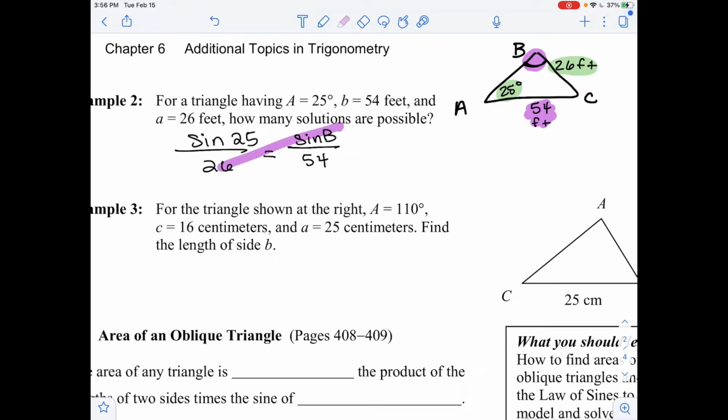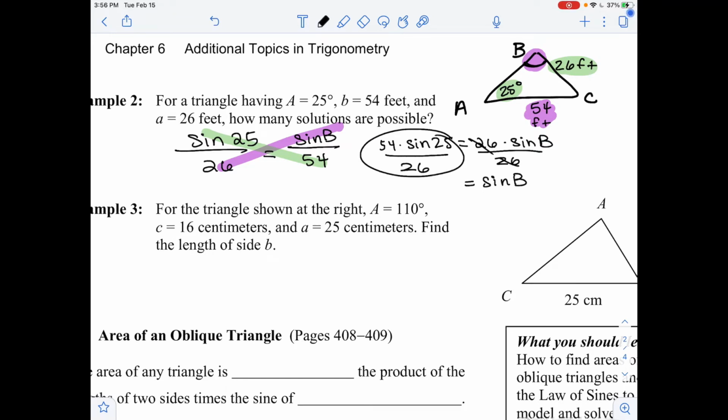Let's cross multiply. So we end up with 54 times sine 25 equals 26 times the sine of B. We're going to divide both sides by 26, and we've got sine B equals all of this.